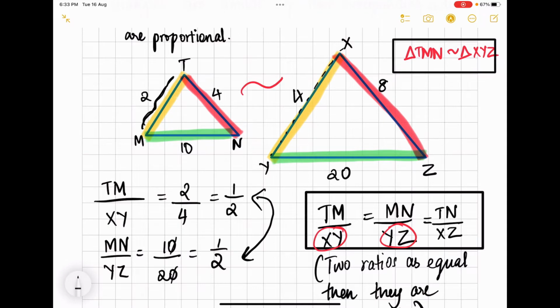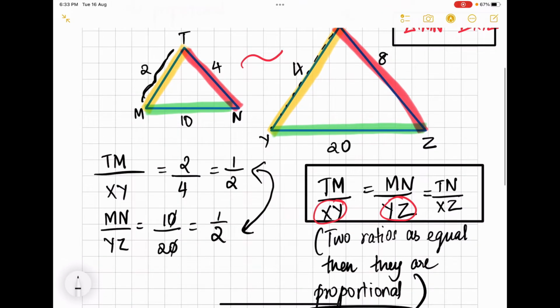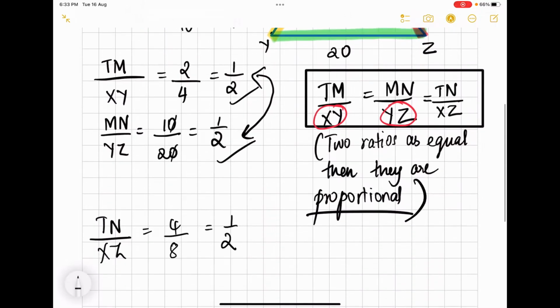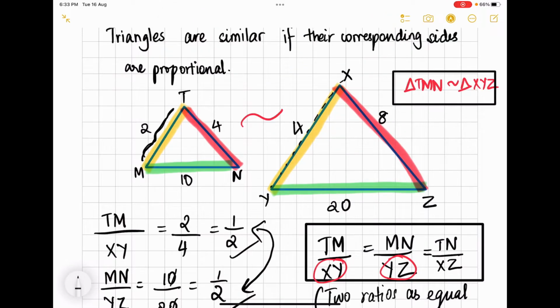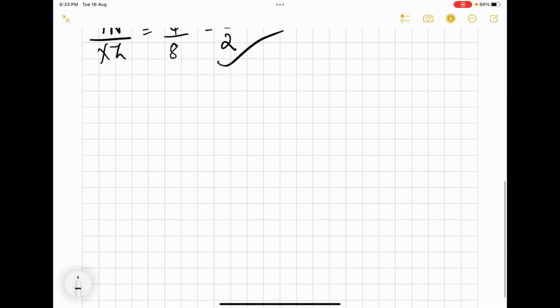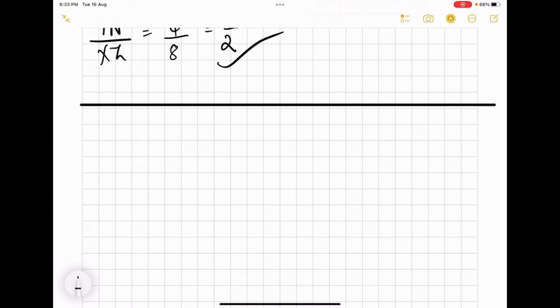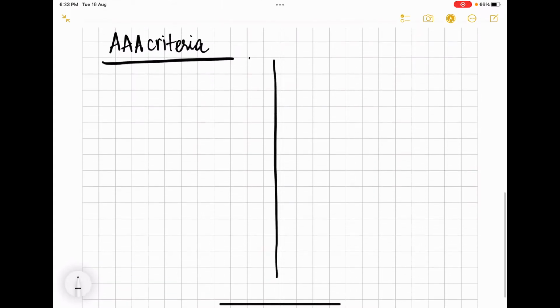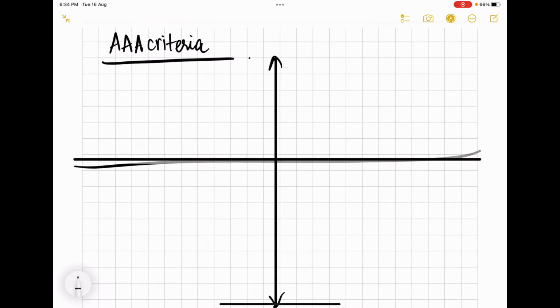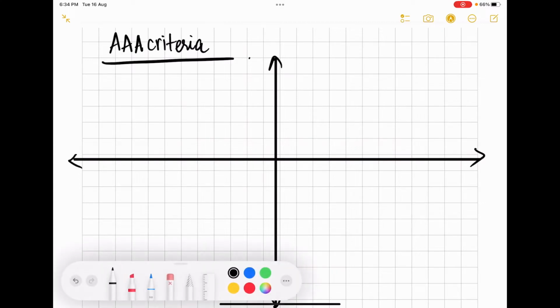Whenever I get the sides to be proportional, or these ratios of the sides are equal, 1 by 2, 1 by 2, 1 by 2, or it could be anything, but as long as they're the same, we say that these two triangles are similar. In class, I must have said that two triangles are said to be similar if their corresponding angles are equal. So let us now take triangles in which all the three angles are equal.